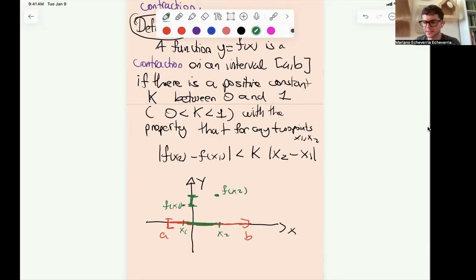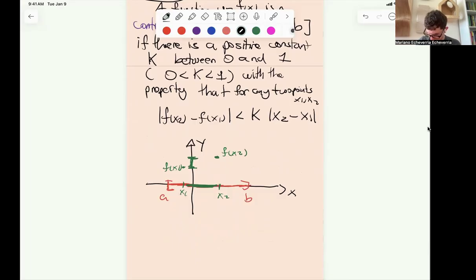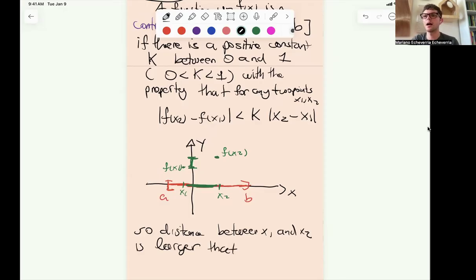The way to say this is that the distance separating x1 from x2 is larger than the distance separating f of x1 from f of x2. Let me say that in words here. Right, it's allowed to multiply by a fixed factor.